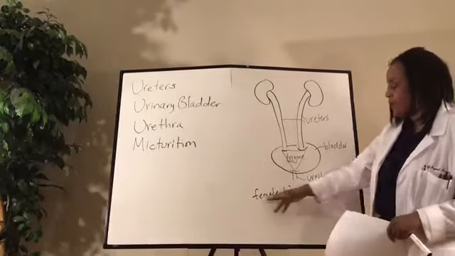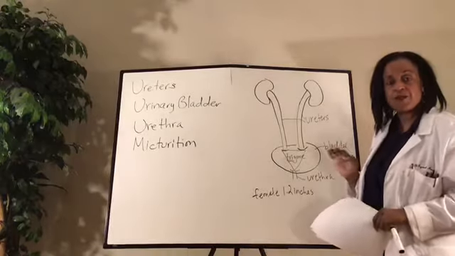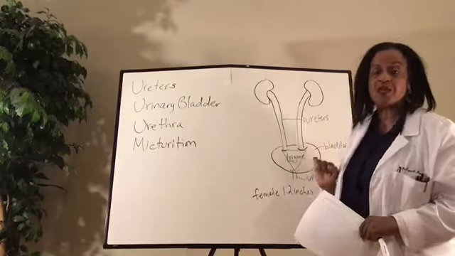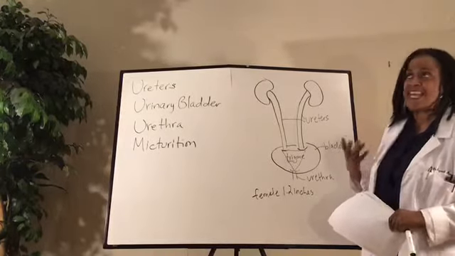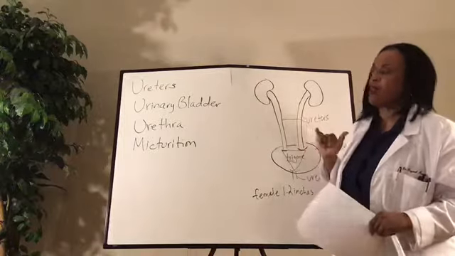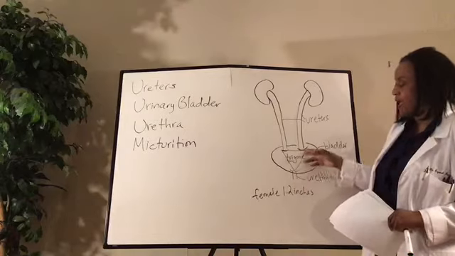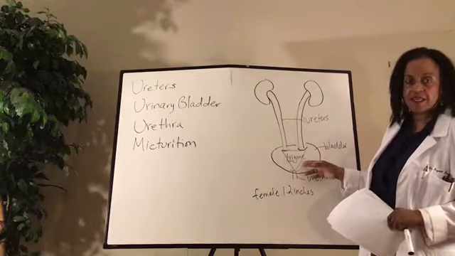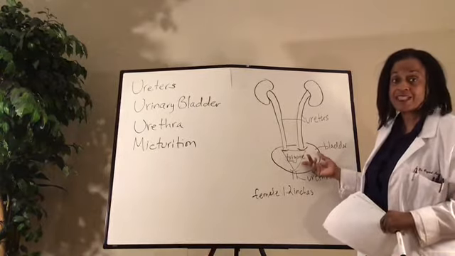So in females, the urethra is very short. Another thing about that, having this really short urethra allows for ease of bacteria, especially something that can crawl like an E. coli, to enter the urethra and infect the bladder, called a cystitis or a urinary tract infection.